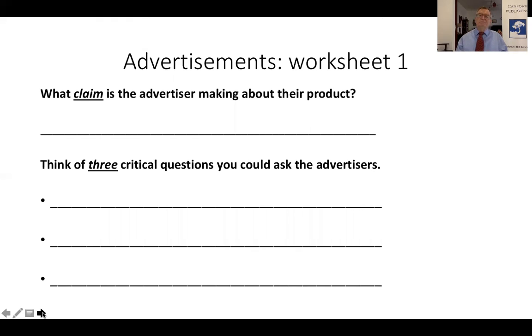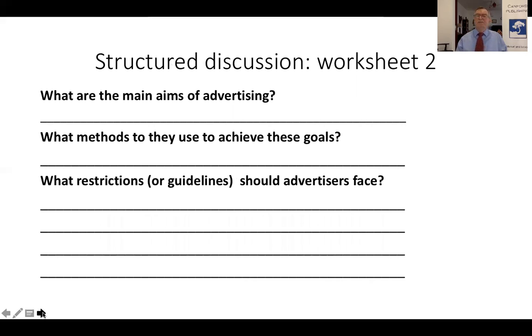Okay, now I've shown you one worksheet that we could use to exploit these advertisements. I've got a couple of other suggestions. This one is a worksheet for a structured discussion, and you could add questions to this, something for students to discuss in small groups. So what are the main aims of advertising? Obviously to sell the product.